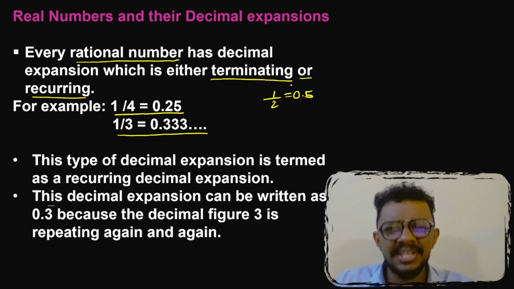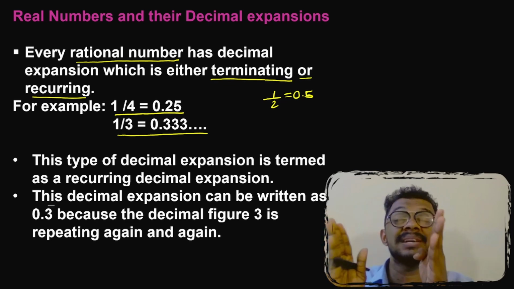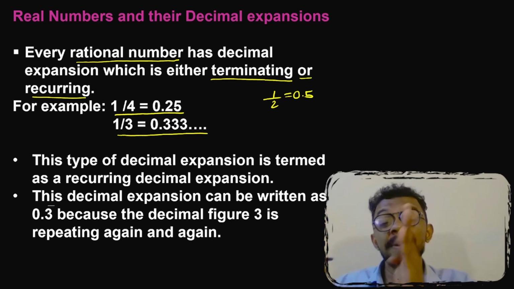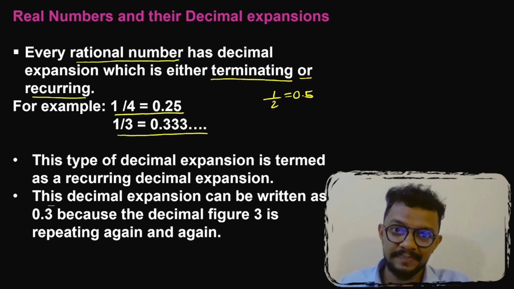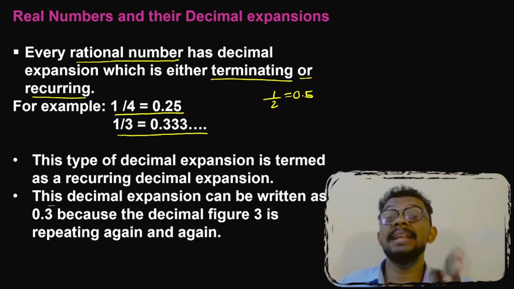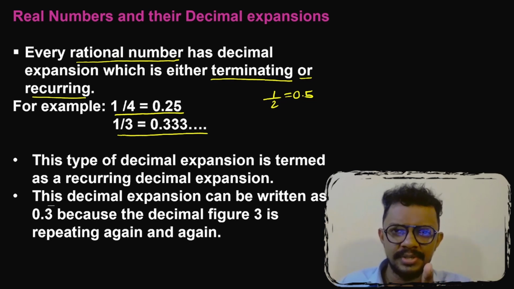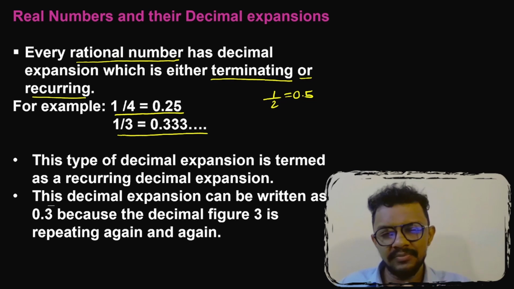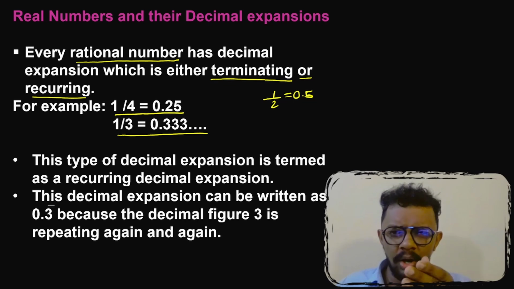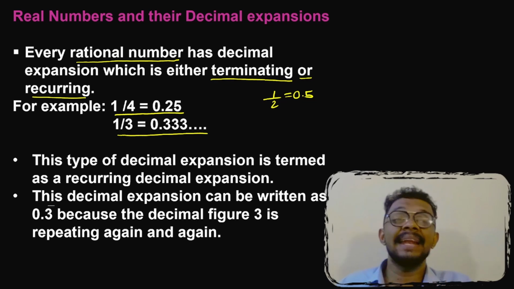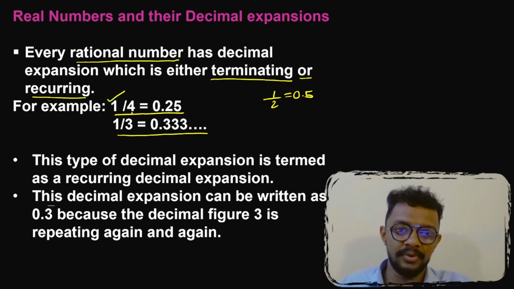Either it will end somewhere, or some part of this expansion repeats again and again. So, for a decimal expansion of a rational number, two choices: either it will end somewhere, terminating, or something will repeat again and again. For example, look at 1 by 4.